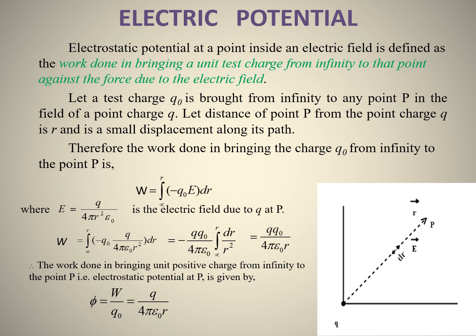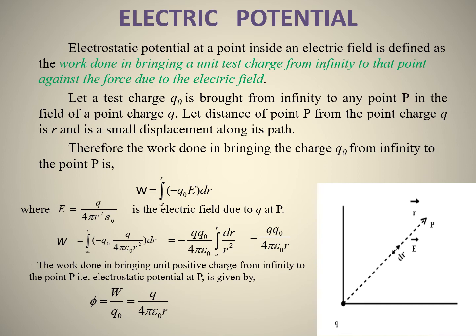Now suppose we bring Q0 from infinity to the point P, and we do some work against the electrostatic force of repulsion while doing so. And we have a small displacement dr along this path.